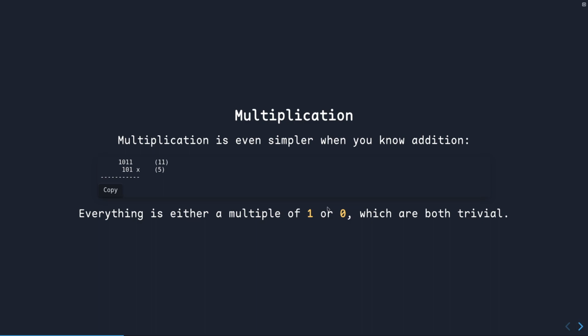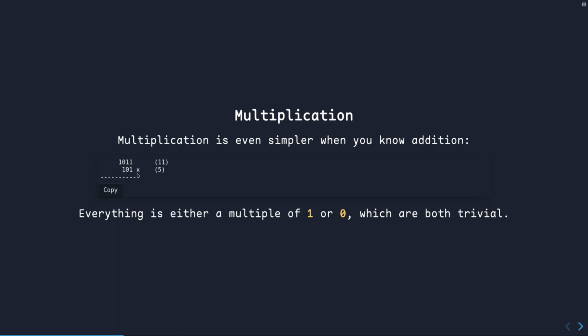This also allows us to do multiplication, which is even simpler when you know addition, because we only have multiples of 1 or 0. If you were to do a vertical multiplication on paper, you would take the digit, move it to the same digit place as the other digit you're working with right now, and then multiply it by the digits you're working with.